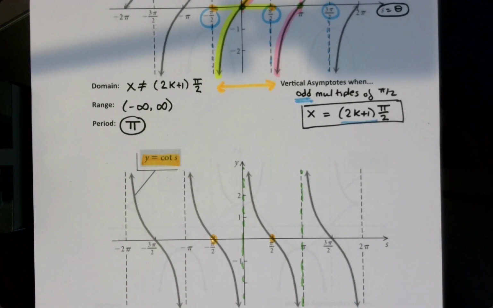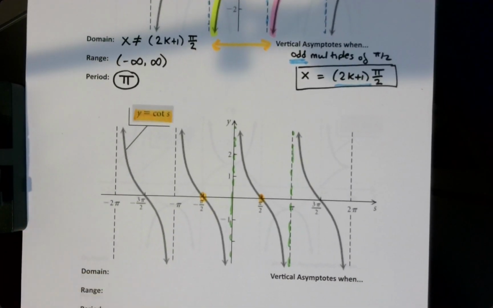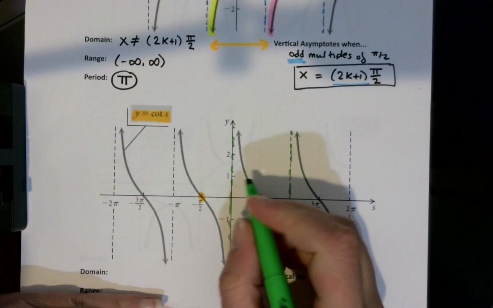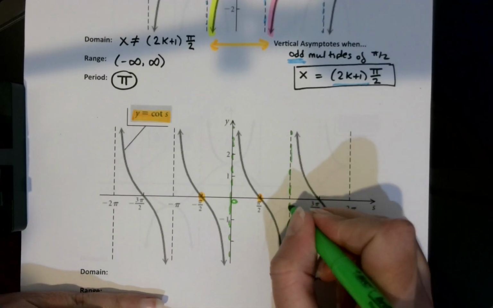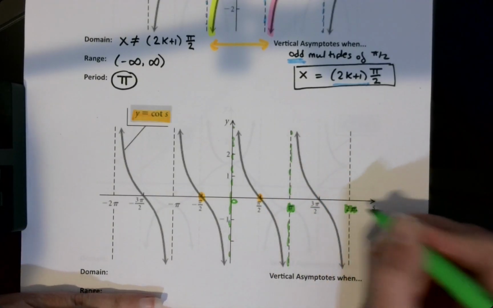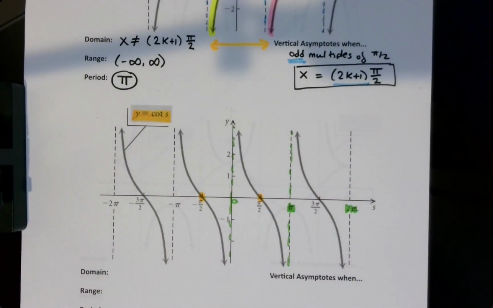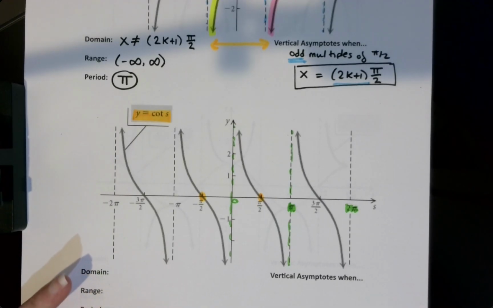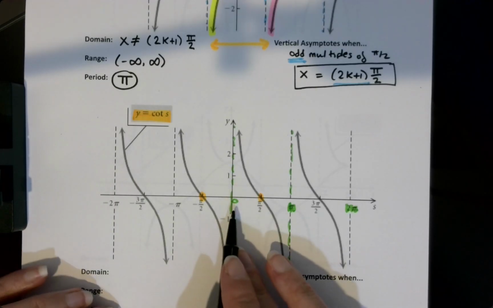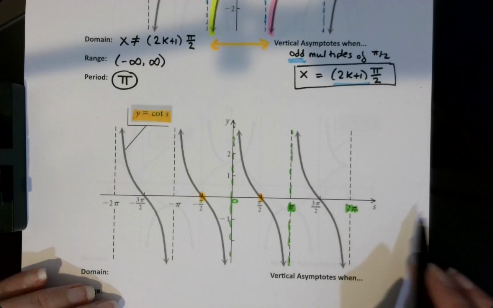So the asymptotes now are going to occur at 0, at pi, and at 2 pi. Those are our asymptotes. That seems to be all multiples of pi, not just the evens, not just the odds. So 0, 1 pi, 2 pi, 3 pi.